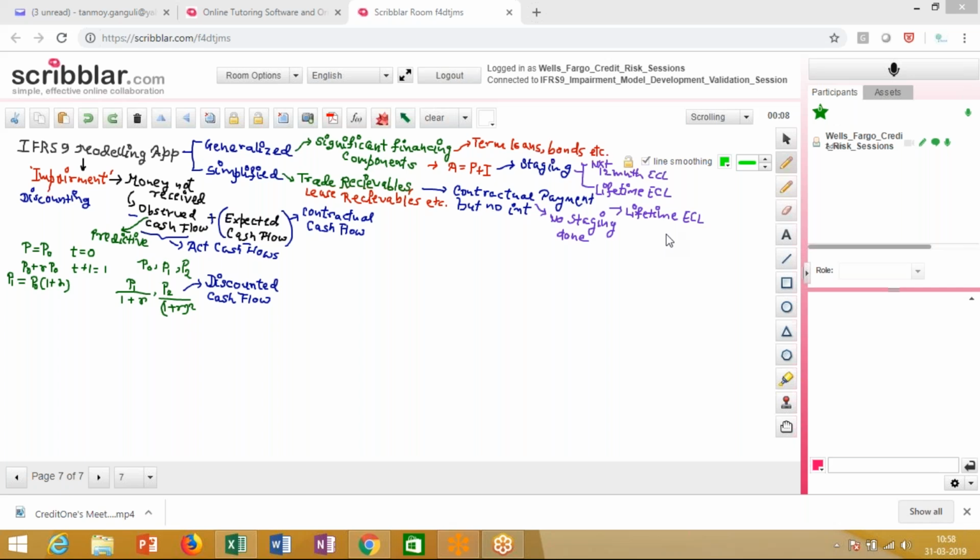Assets whose cash flows are of the form of trade receivables, where only the principal is paid to you over a period of time, we use the simplified approach. So depending on the asset class, we choose which of the approaches should ideally be used. That is the entire idea.